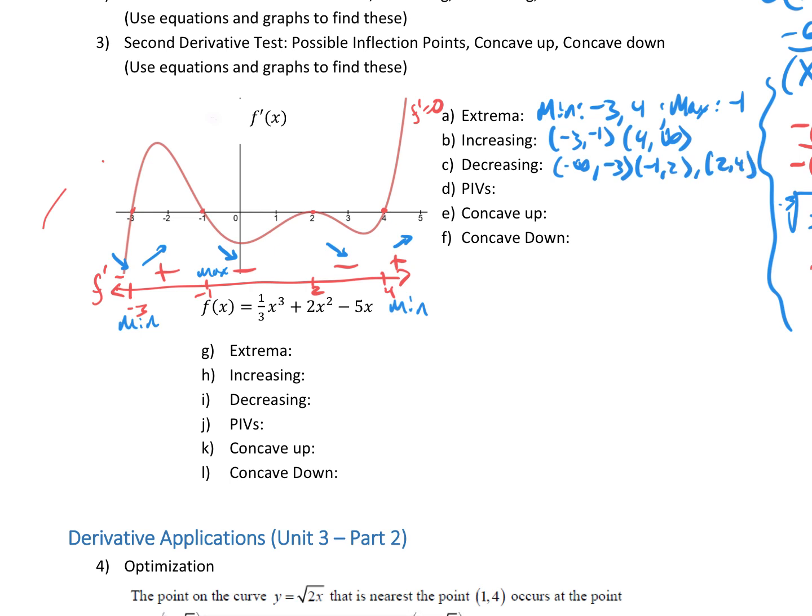Okay. Inflection values, this is when f double prime equals 0. So let's back up here actually. Here f prime increasing, decreasing. So increasing, f double prime is greater than 0, decreasing, it is less than 0. Inflection values is where it's equal to 0. Okay, so now the second derivative is the slope of this graph.